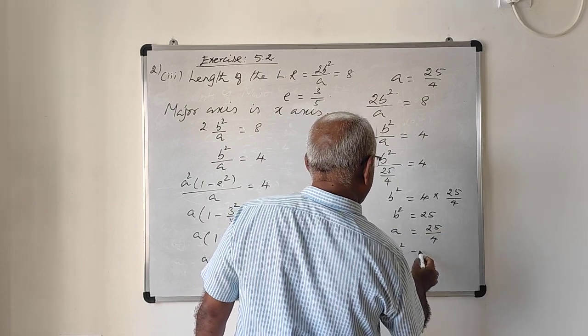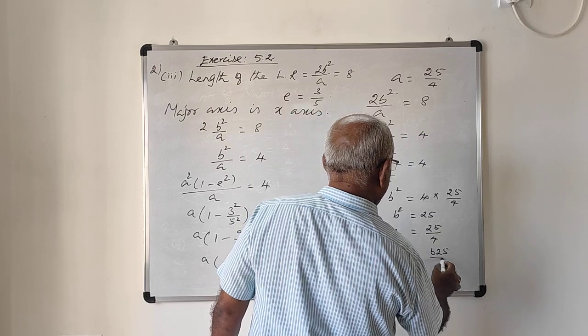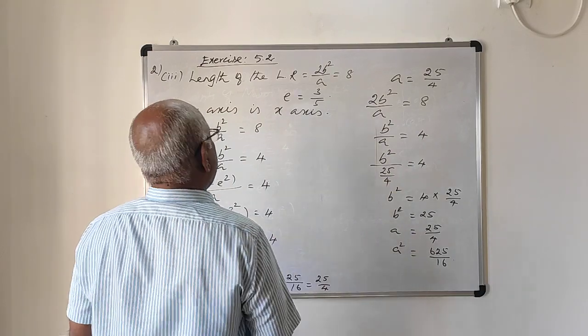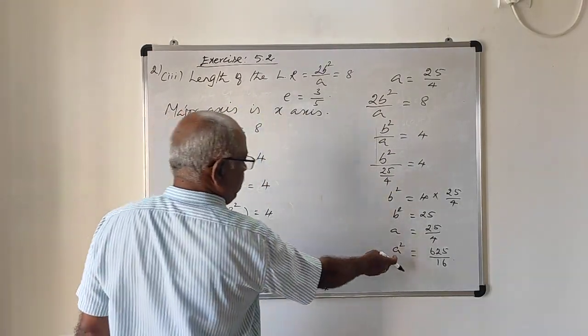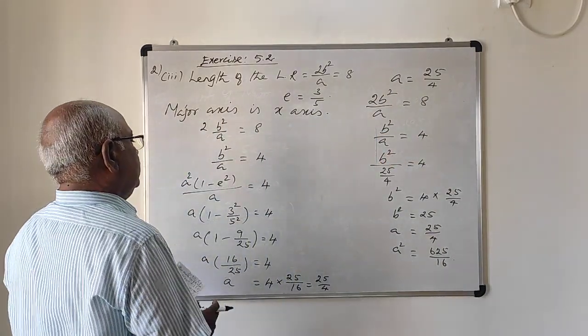Therefore, a square equal to 25 square, 625, by 4 square, 16. Since the major axis is the x-axis, the equation is x square by a square plus y square by b square equal to 1.